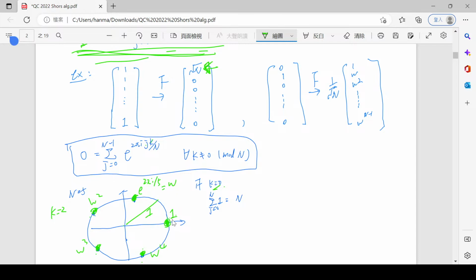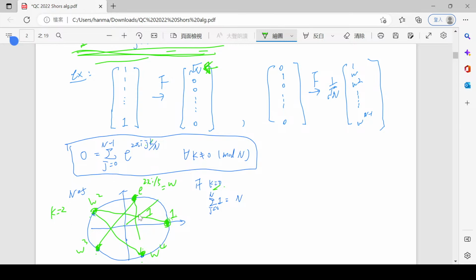So you see that for k equal to 2 we go over a weird star shape, right? We are still counting over all those 5 points, and they still sum to 0.